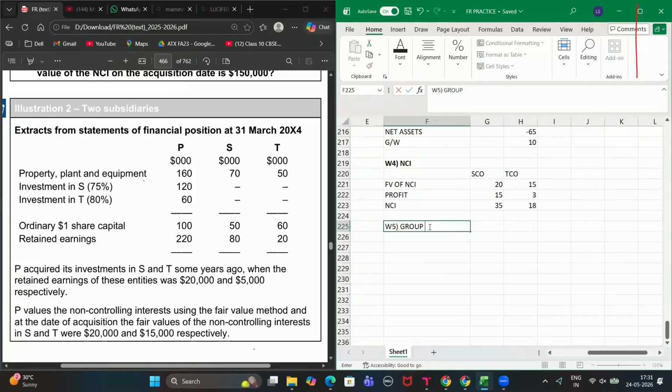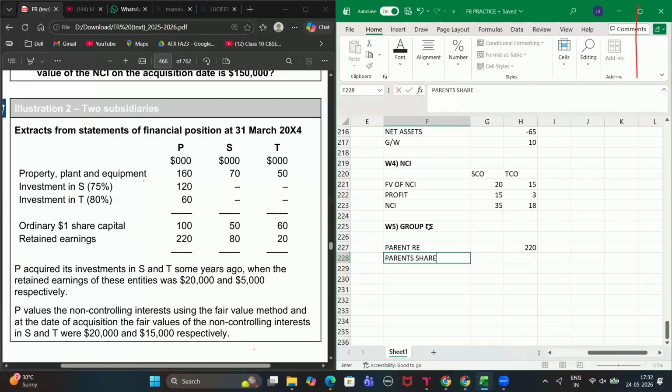Group retained earnings. What do we have in group retained earnings? We have the retained earnings of parent. How much is it? It is 220. Right. What next? Parent's share, right?